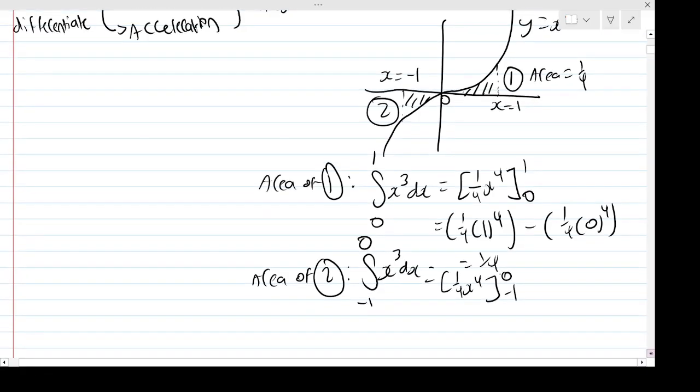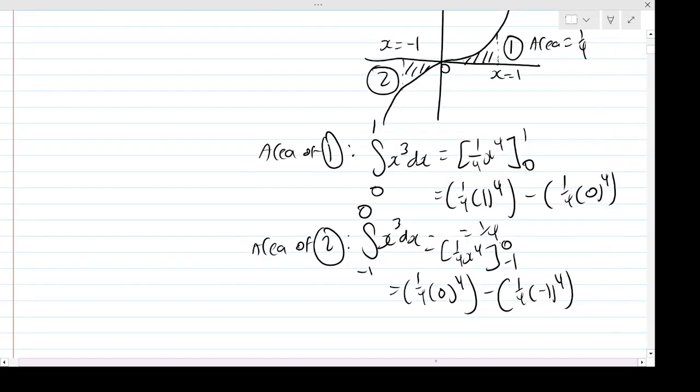So if I plug in the top number, it's a quarter of 0 to the 4, take away a quarter of -1 to the 4, and this will get me minus a quarter. So this is saying the area of the second region here is minus a quarter.